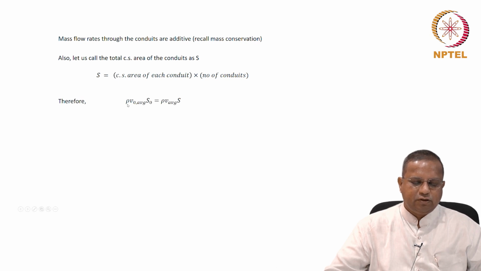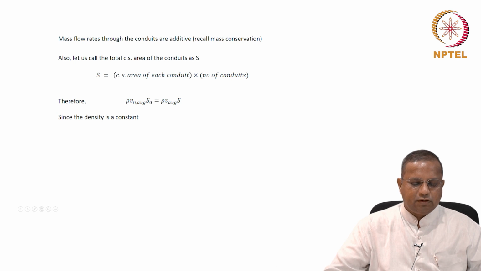Therefore, rho V naught average times S naught equals rho V average times S. Mass times the velocity times the area has to be the same, because we are considering two different situations here. Since density is a constant, we can cancel it out. This is nothing but mass conservation, nothing else. The mass rate here must equal the mass rate here.